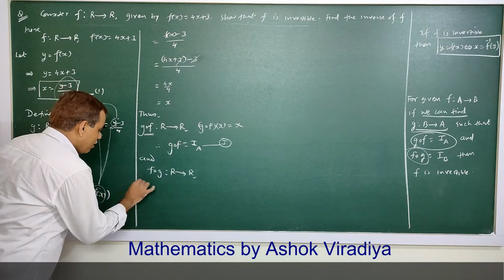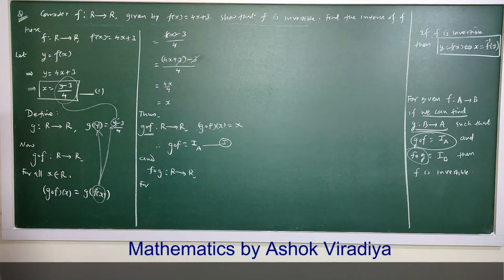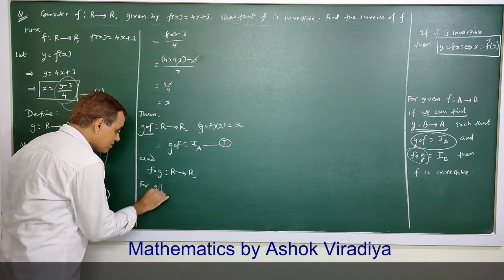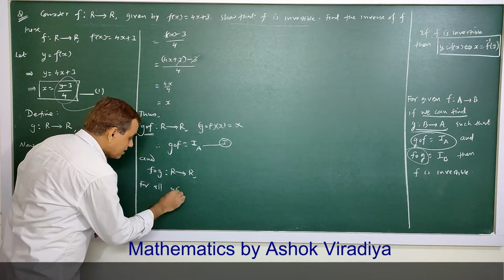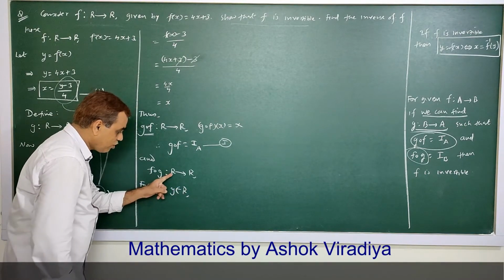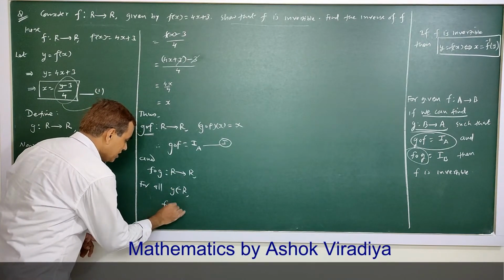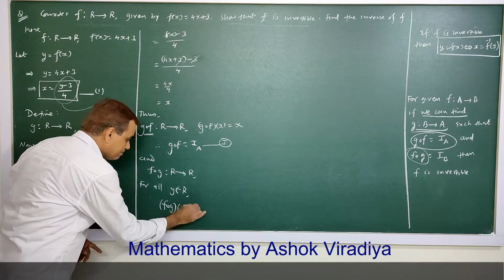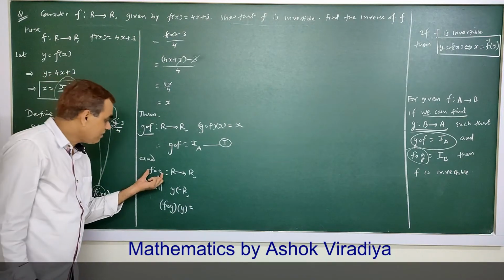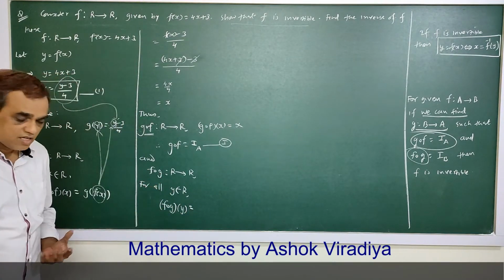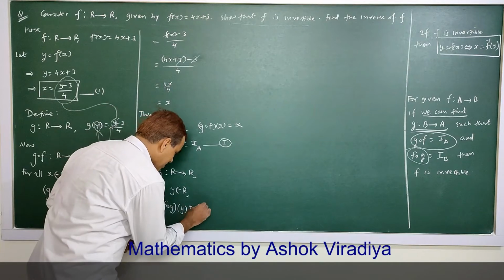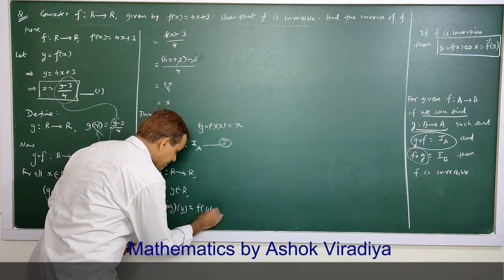Now for all y belonging to R, in the machine f o g I am putting y. f o g works on y. So f o g of y is f of g(y).